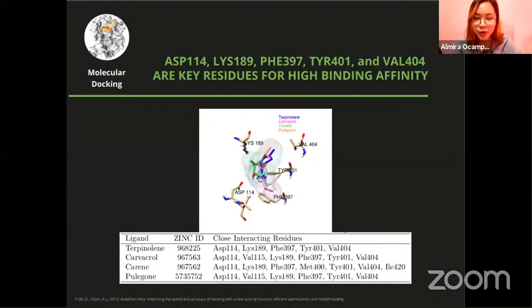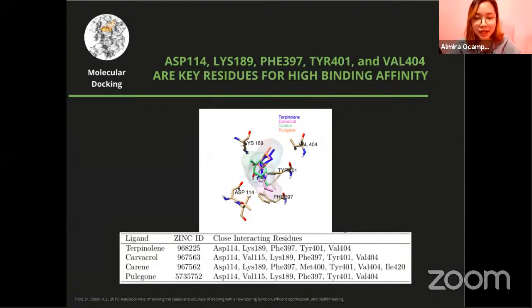Residues are what makes our protein up. Okay? So these protein residues binding was possible because of the interaction with our monoterpenes, and residues are what makes the binding possible. Okay, so these protein residues are the most frequent close interacting residues that are common to the four top hits.